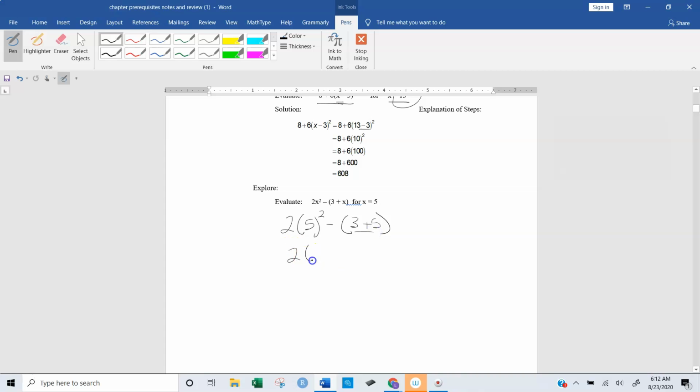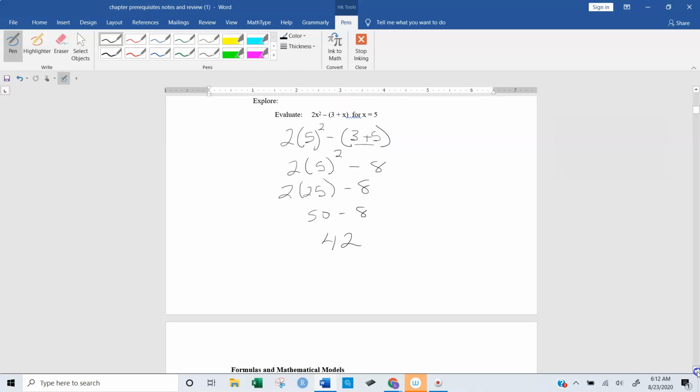So you got 2 times, technically you could have written 25 here, but I'm doing it all the way out just so no one gets confused. Now it's exponents, so 5 squared. So it's 2 times 25 minus your 8. So now you have your 50 minus your 8, your multiplication, and now your subtraction, which is always left to right or addition left to right. So your final answer should have been 42.